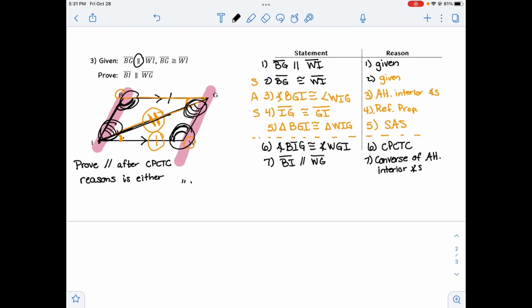You have the converse of corresponding angles, or you have the converse of alternate interior angles.